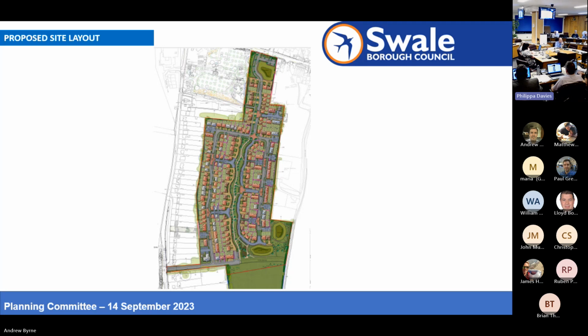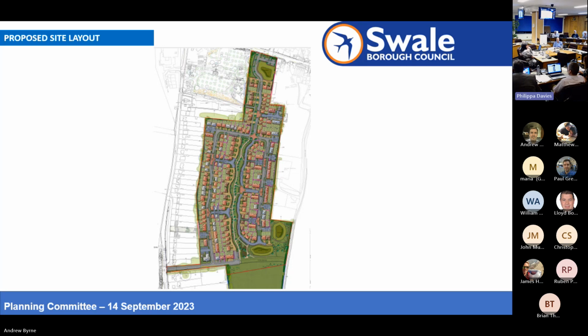And the second point I'd like to make is I think the Faversham Road entrance looks rather narrow, and I assume it has been looked at and it is deemed suitable for refuse freighters and such like that may be delivering to or collecting from the site after the dwellings are built.